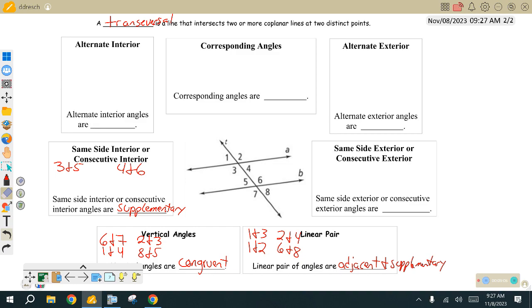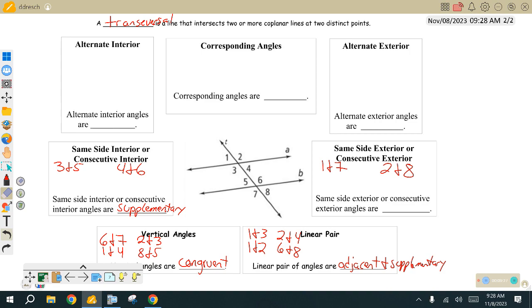Same side means same side of the transversal. So Carter suggested 1 and 7. Totally makes sense. Okay, use the description there. 1 and 7 is one pair, and my other pair is 2 and 8. Absolutely correct.